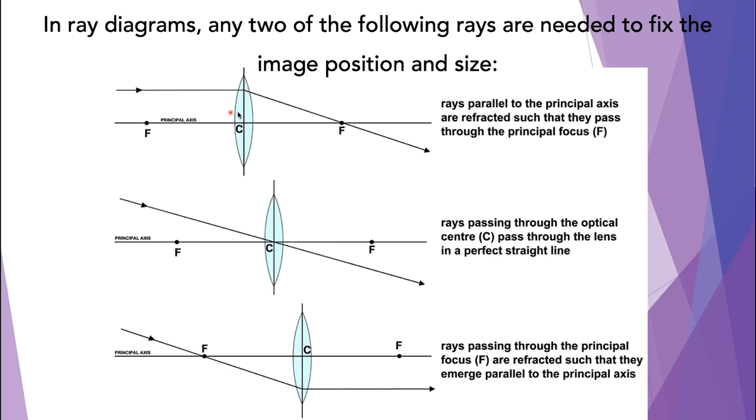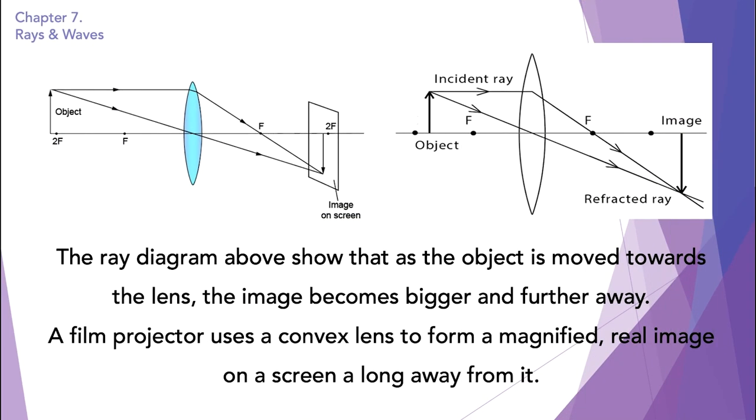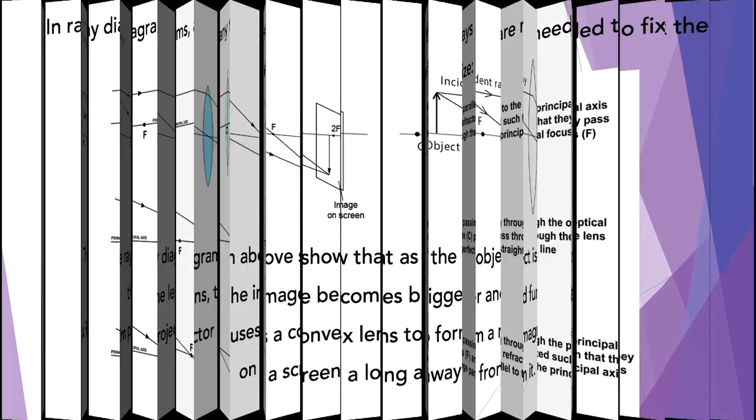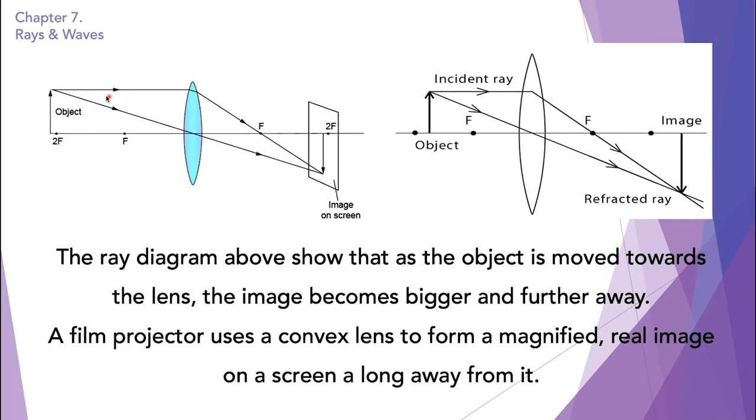We use any two of these rays to find the image position and size, basically to form a ray diagram. So here you can see the ray diagrams. In both of these diagrams, we use these two types of standard rays, this one and this one. So you can see the first ray is parallel to the principal axis, and when it passes through the lens, it passes through the focal point of the lens.